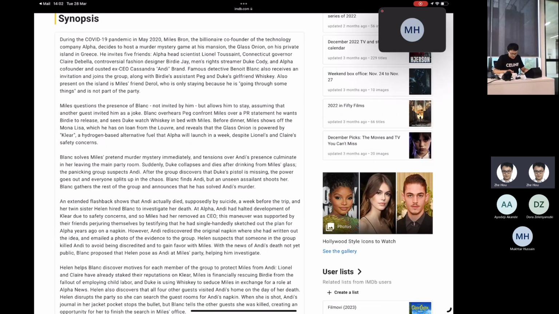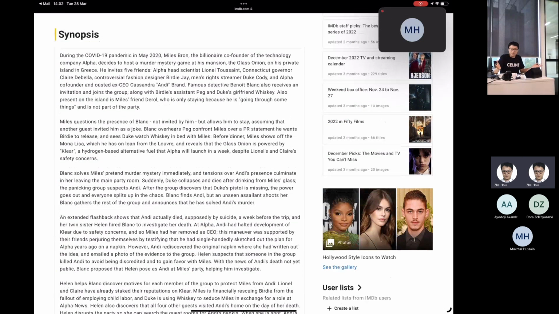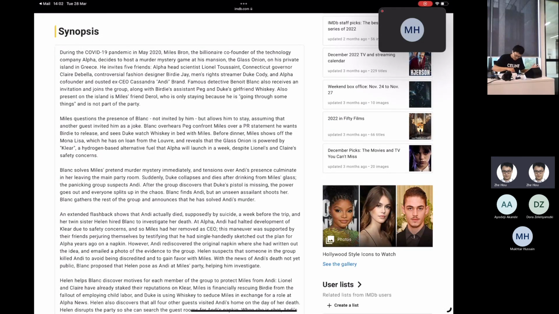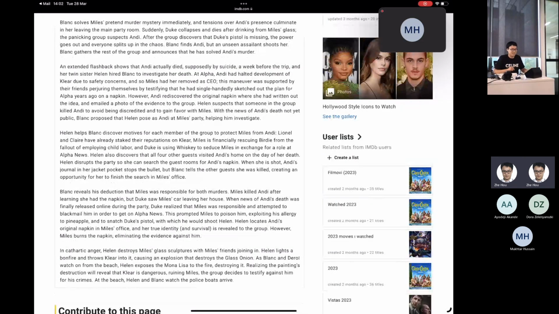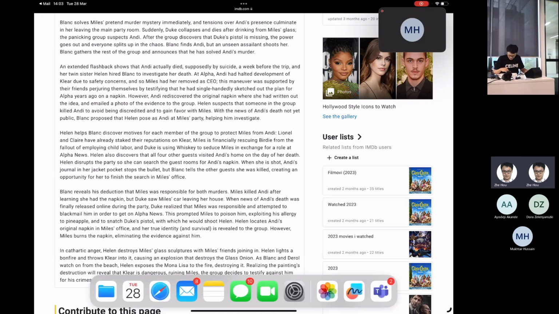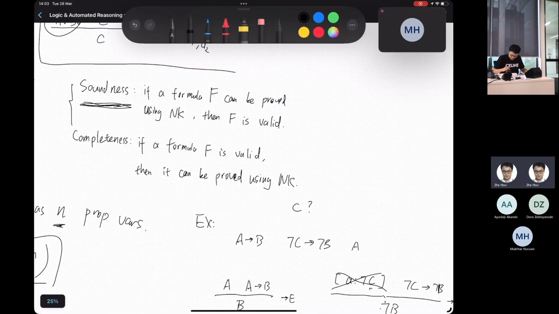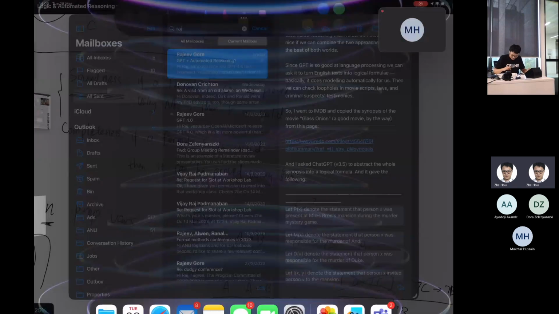So I went to the summary of the plot, the synopsis. I copied this whole thing, many paragraphs of text, into ChatGPT and said, can you summarize this into a logical formula? And it actually does it. It doesn't do a correct job, but it does a good enough job.